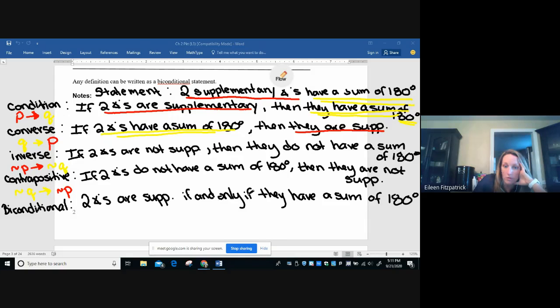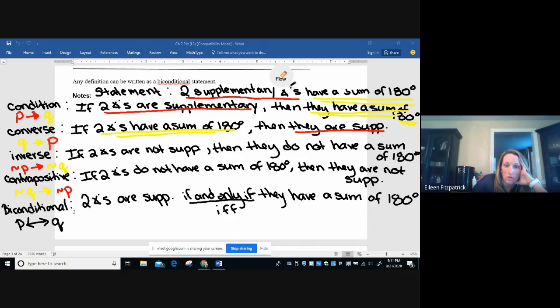Okay, this if and only if, this is what makes it a biconditional, this wording right here. And again, you can use IFF instead of writing it out, which is fine as well. All right, but that is how you write your biconditional. And the biconditional is P if and only if Q. Okay, that's the notation there.